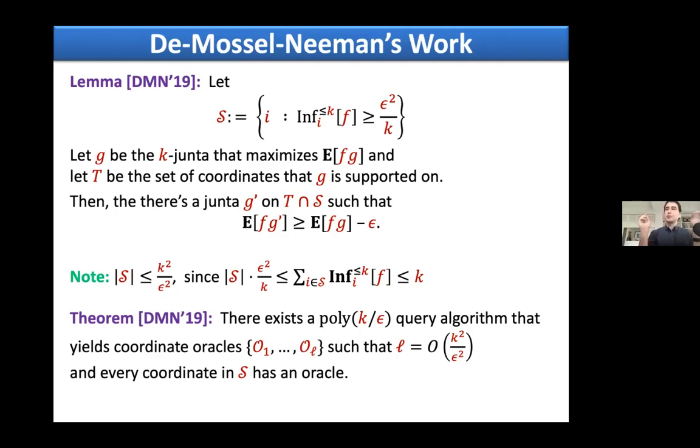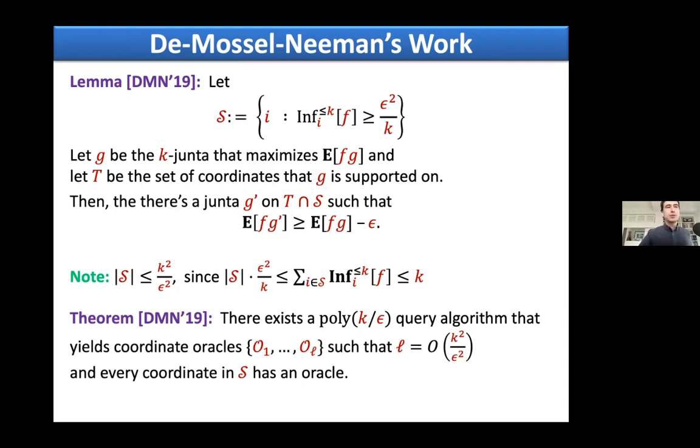Then it will be hard for me to decide whether the coordinate is inside S or not. That's exactly why we don't have this stronger guarantee, but we have a guarantee which is nonetheless still useful: we are getting the set S in addition to maybe order k squared over epsilon squared additional variables. So overall we are getting poly k over epsilon many coordinates.